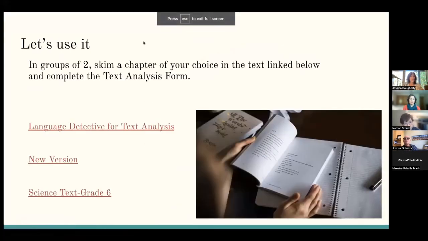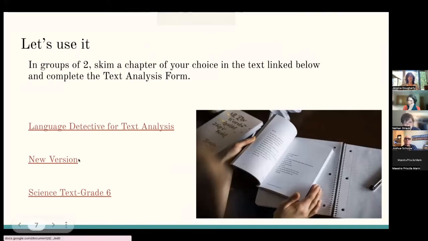And then what we wanted to do, like I said, now is take a look at analyzing a bit ourselves. So we have a link to a 6th grade science text here that you can open. And I suppose actually we can just open it together since it's a small group. And then we would look at that language detective. I did send you a link to that as well, so we can start to analyze together.